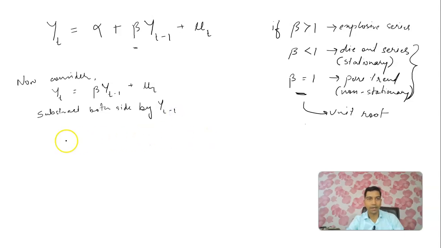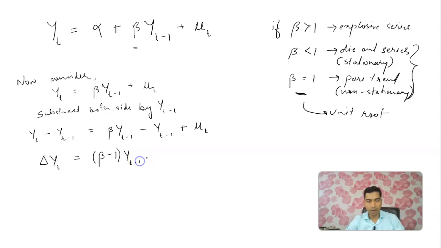So we get y_t - y_(t-1) = beta y_(t-1) - y_(t-1) + mu_t. This left side is nothing but the change in y_t, so we write delta y_t = (beta - 1) y_(t-1) + mu_t, taking beta minus 1 common.